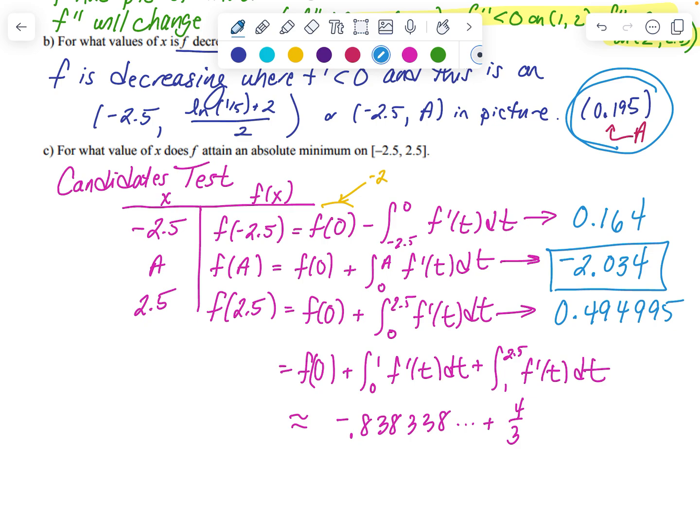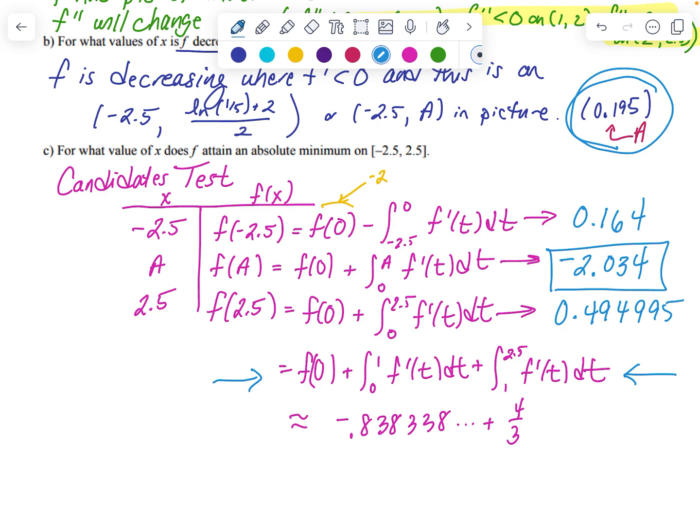And the last one's a little spicy because you do have to change. You can't just integrate from 0 to 2.5 because the definition of f prime changes over. So you need to go from 0 to 1 and then from 1 to 2.5. So that's this part of the work down here. That's a little bit longer. My values were the 3 values in blue. And since we were looking for a minimum, I chose the smallest one.